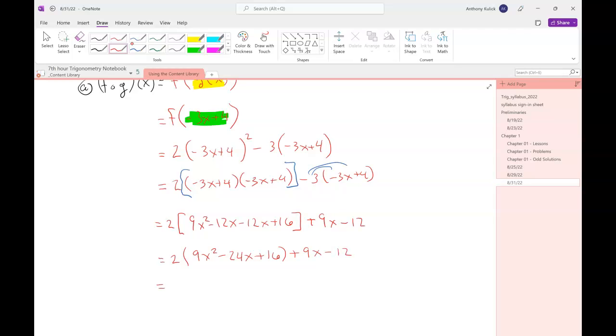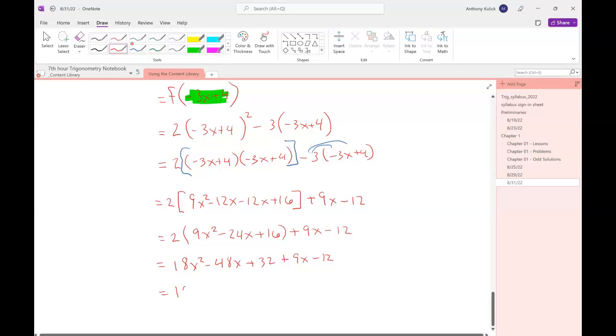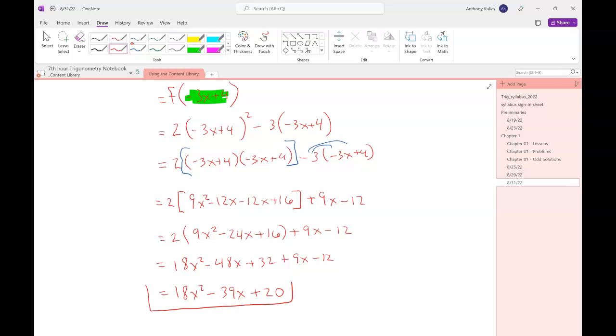And then distribute the 2 through, to give us 18x squared minus 39x plus 20. Is everybody okay with that?